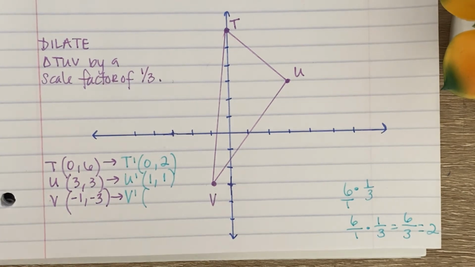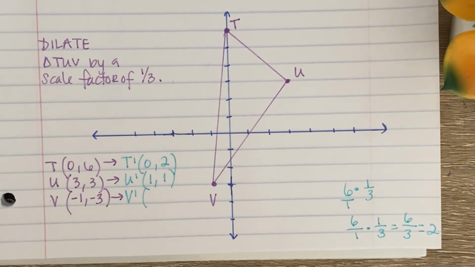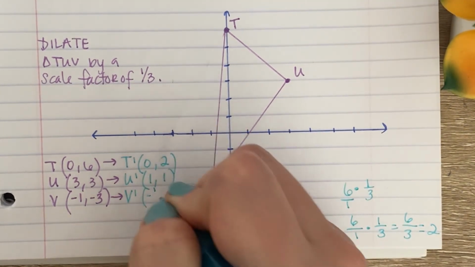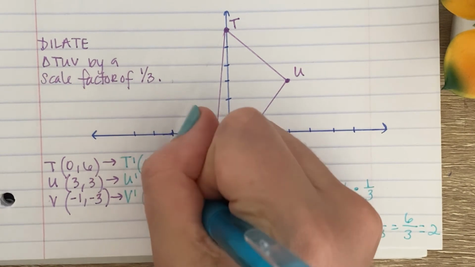So 1 times 10 is 10. 1 times 30 is 30. 1 times 2/5 is 2/5. So 1 times 1/3 is 1/3, but here it's negative, so really it's -1/3. And then -3 times 1/3 is just -1.